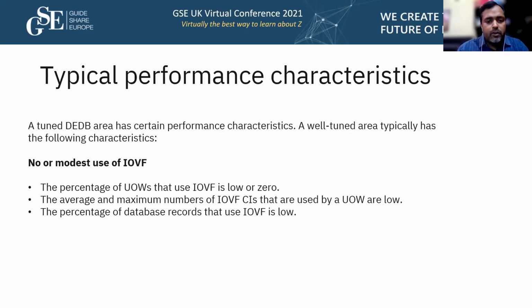The average and maximum number of IOVF CIs used by the UW should be low. And of course, the percent of database records being used by the IOVF should be low. IOVF should not be used if you have sufficient free space in the DOVF section for most UWs, because once your IOVF is filling, the number of IOs it takes to retrieve a database record increases.